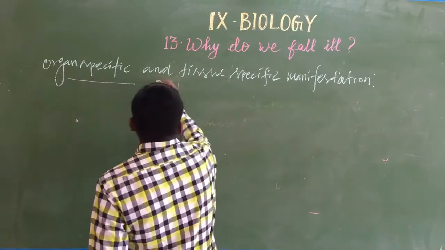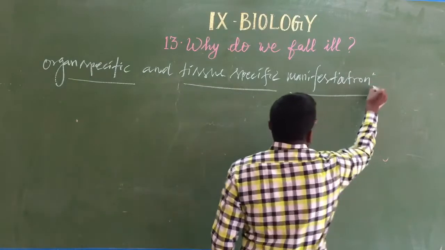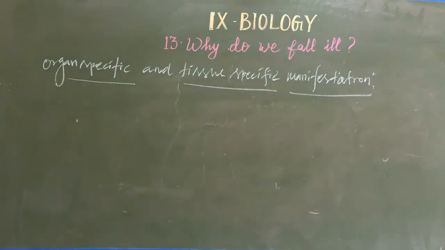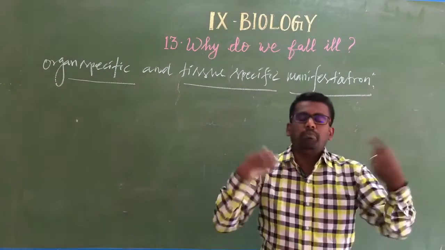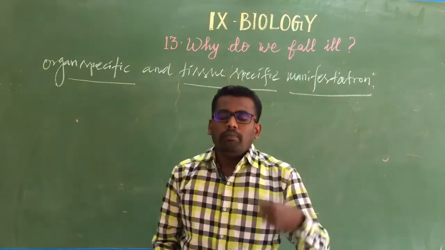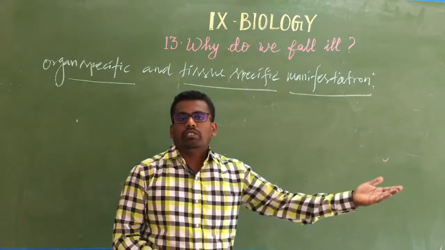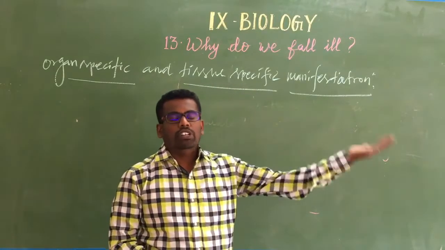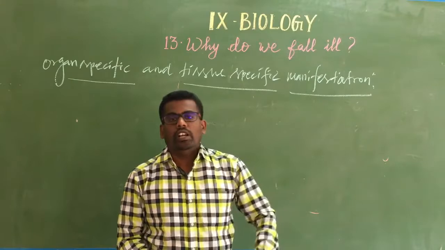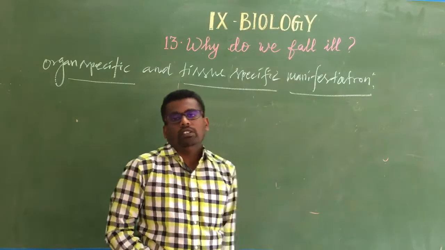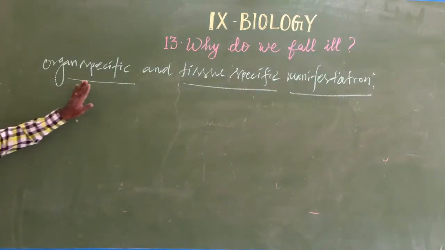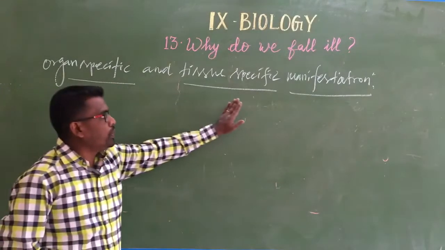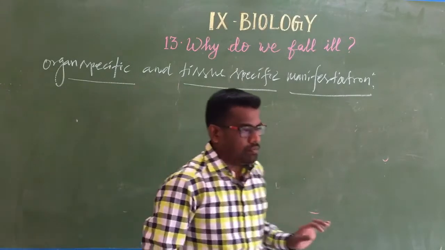Organ specific and tissue specific manifestation. Here manifestation means emission or expression, that is, a disease expressing itself. Okay, so this is what we are going to see: organ specific and tissue specific manifestation.